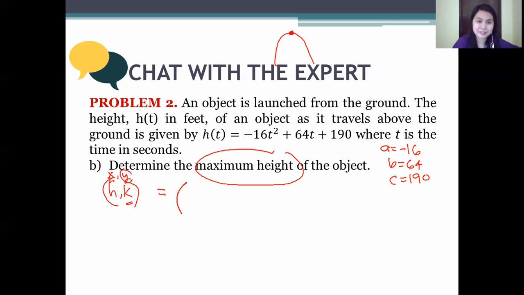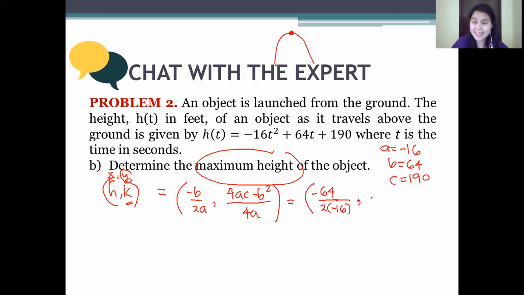Let's start solving. For h, that's negative b over 2a. And for k, that's 4ac minus b squared over 4a. Let's solve. We have negative 64 over 2 times negative 16.